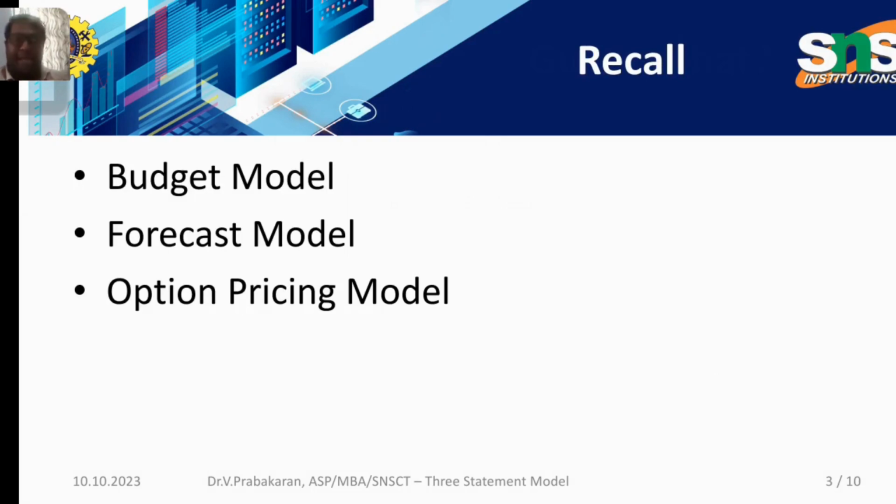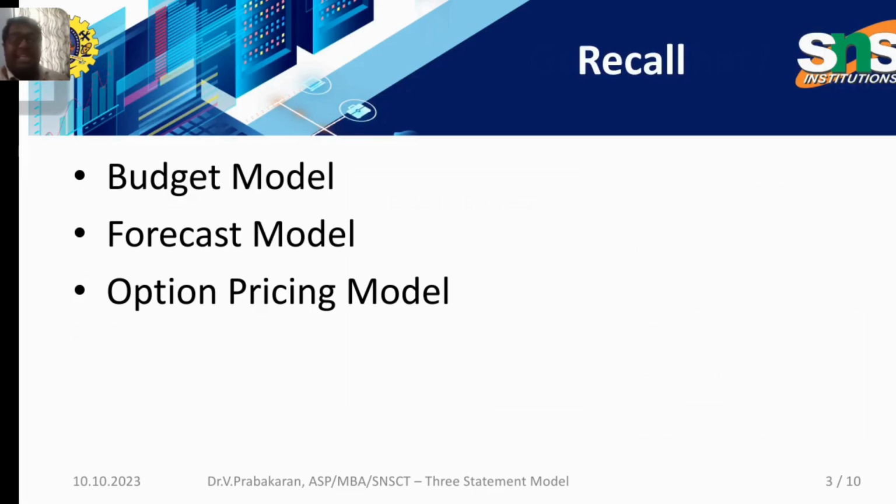But before that, let us quickly recall the points that we have discussed in the previous session. The first thing we have seen is the different types of financial models, under which we have seen three: the budget model, the forecast model, and the option pricing model. The budget model talks about how a company can create a budget for their day-to-day expenses.